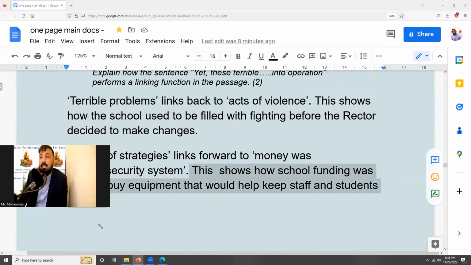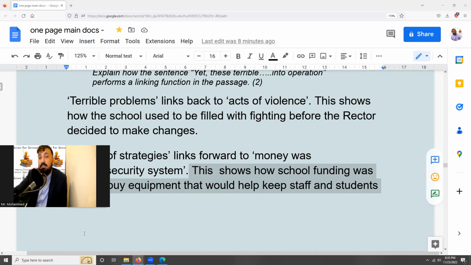Now, after this, I'll have some practice questions that you can do. So just remember the key is demonstrating how this part in the middle connects backwards and how it connects forward.